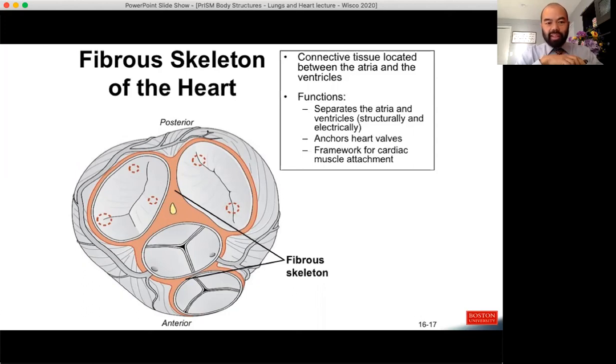The only place in the fibrous skeleton that is not electrically resistant is this little teardrop looking drawing here, and this is the location of the atrioventricular node, or the AV node. And so that is super cool, that the electrical conductance from the SA node going around the atria focuses in on the AV node. If we didn't have the fibrous skeleton, then, well, we wouldn't be here, because the chamber walls would not contract in the correct way to be able to push blood in the right direction.